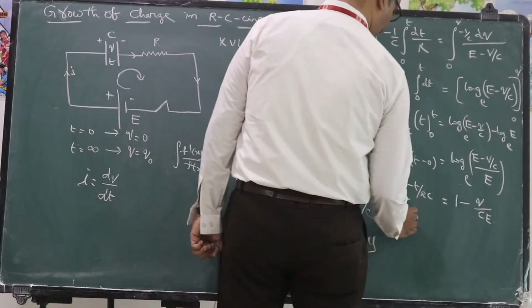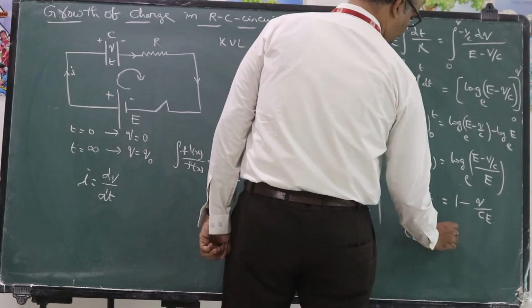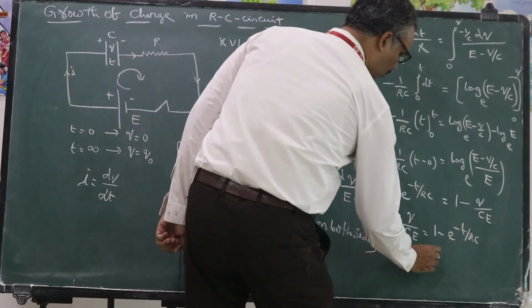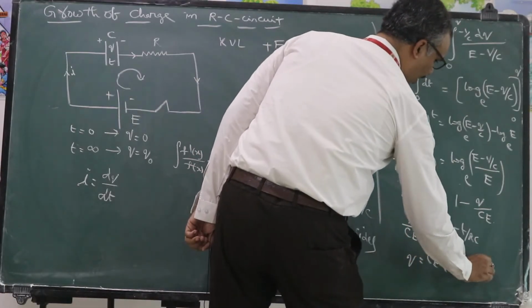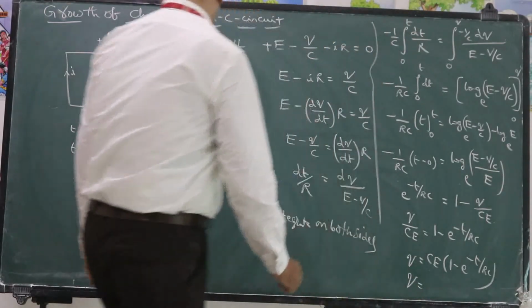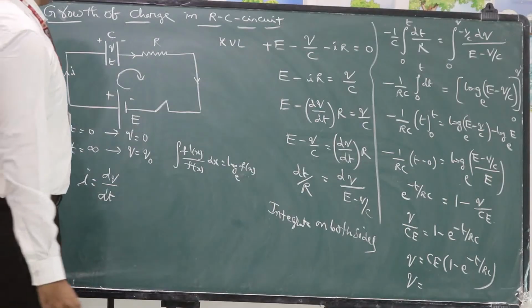Then q by ce is equal to 1 minus e power minus t by RC. Q is equal to ce into 1 minus e power minus t by RC. Q is equal to CE. C means capacitance, E means potential.